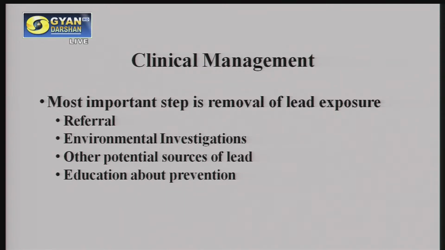And you have to identify whether this individual got the lead poisoning from where he was working or whether any other sources are there, or it is a combination of sources that is giving him this high lead content. Individuals have to be taught about what lead poisoning is and how they can be exposed to lead. So education about prevention is very, very important.